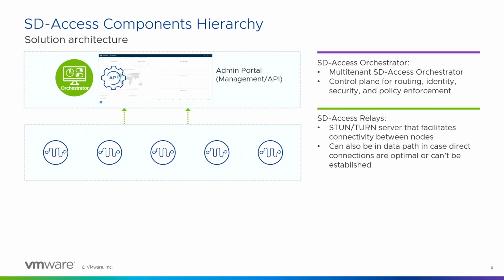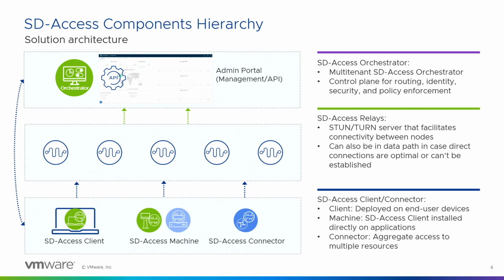The second component is our control plane component, the optimization relays, which facilitate end-to-end data communication, not just the control plane connectivity, but they also provide the data plane connection if required. And then finally, the SD-Access clients.